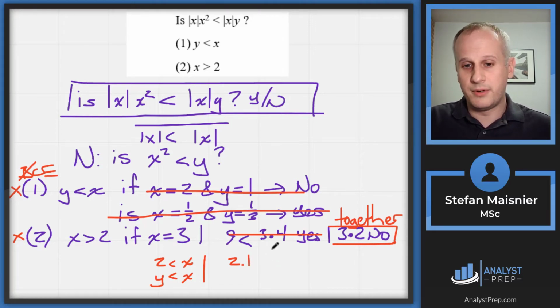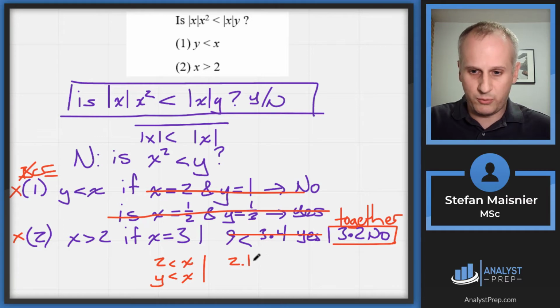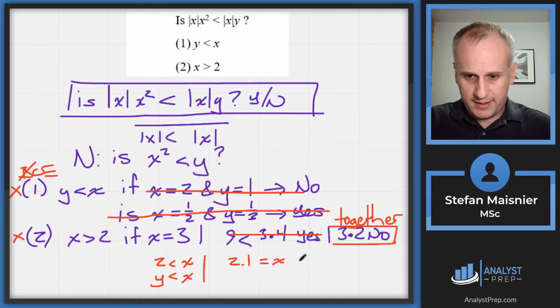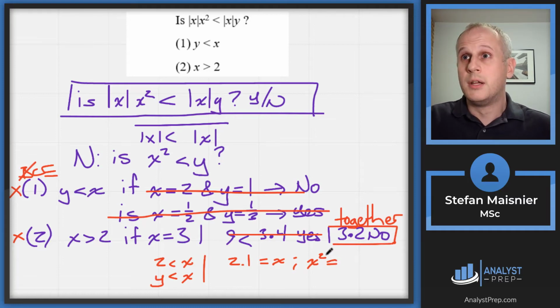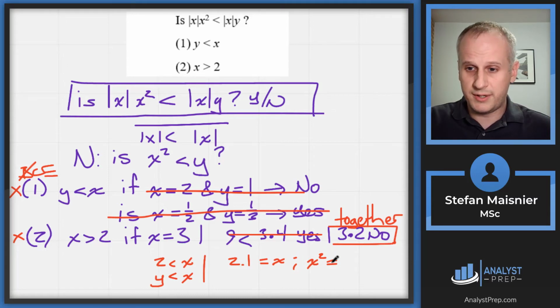If that's equal to x, then x squared is going to be equal to, so 21 times 20 is going to be 420, and 420 plus 21 is going to be 441. Put the decimal point in, so 4.41, and 4.41 is still going to be greater than anything that y can be. So our answer is always no.